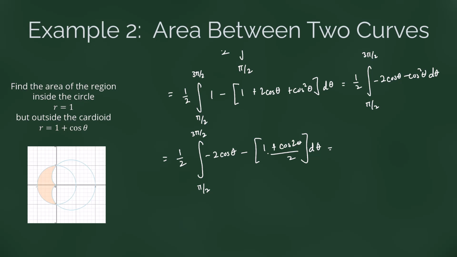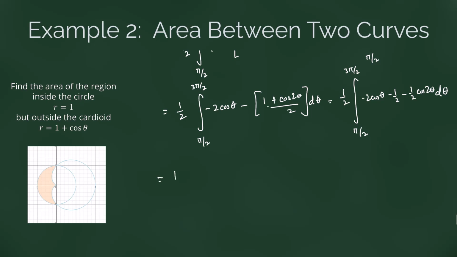And so if we just expand that all out and distribute that negative so that we're careful of our signs, we get negative 2 cosine theta minus 1/2 minus 1/2 the cosine of 2 theta, all with respect to theta.